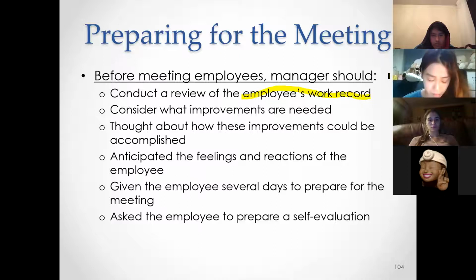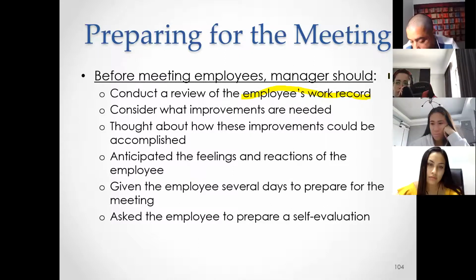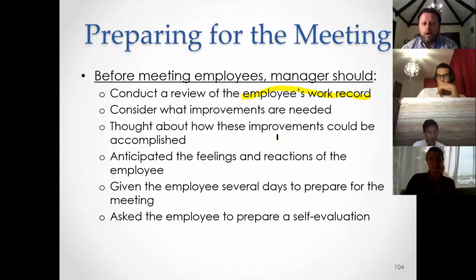You can't just tell someone recently you did a bad job. You need to have very clear evidence as to why. You need to consider what improvements are needed. You can't just tell an employee you did a bad job. You need to already know how you would like them to improve. And yeah, as I said, how they'll improve, not just what, but also how.